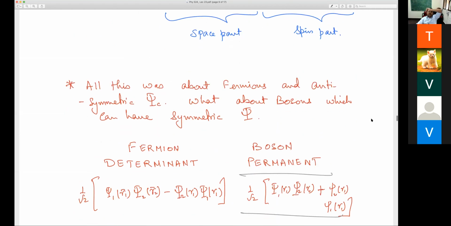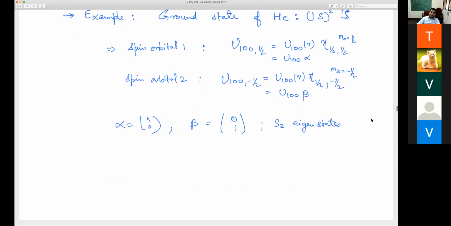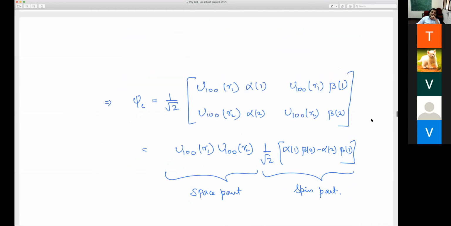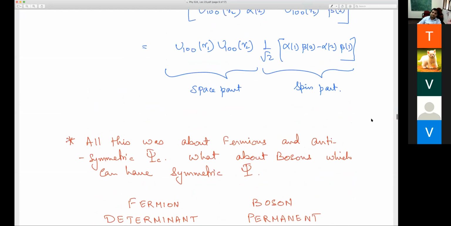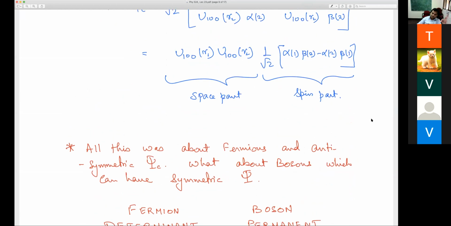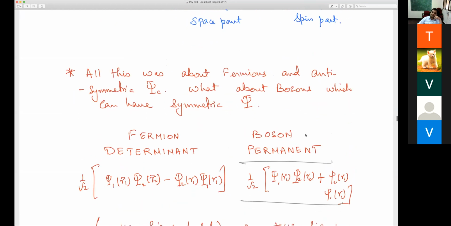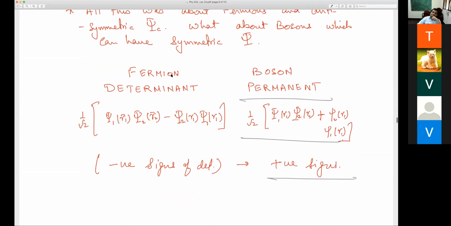Okay. So all of this was about antisymmetric wave functions. Then I can start asking you the question: what about bosons? Suppose I want to follow a similar scheme to construct a symmetric wave function. For fermions, we constructed what is called the determinant.